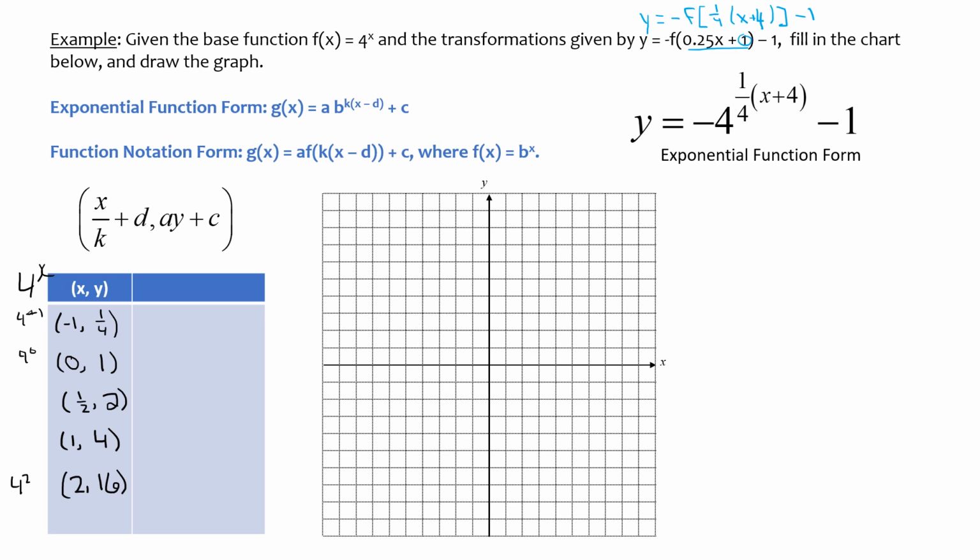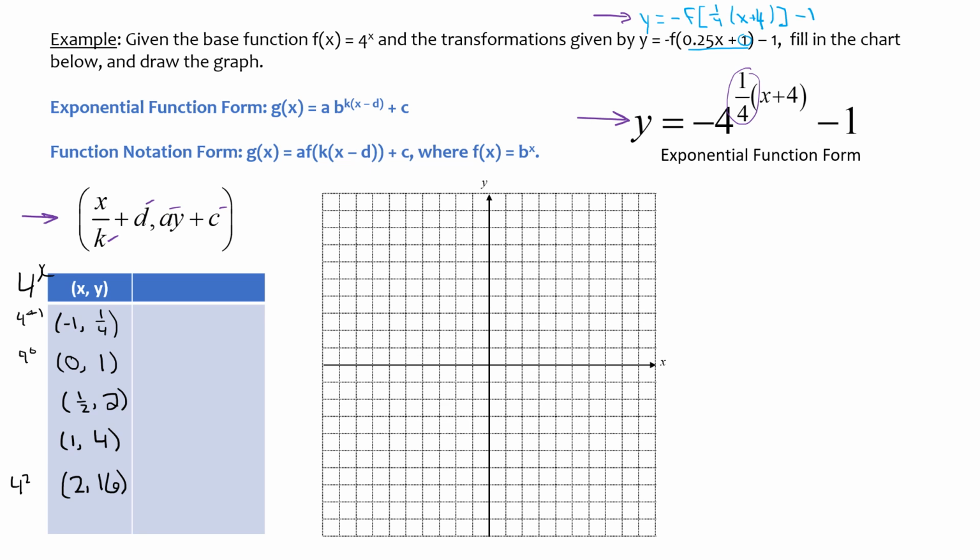So what I'm going to put in this column here is I'm going to use this little formula, and I'm going to get the A, the K, the D, and the C, I'm going to get them all out of this line here. So the first thing is x divided by k. Here's my k value. My k value is a 1/4.